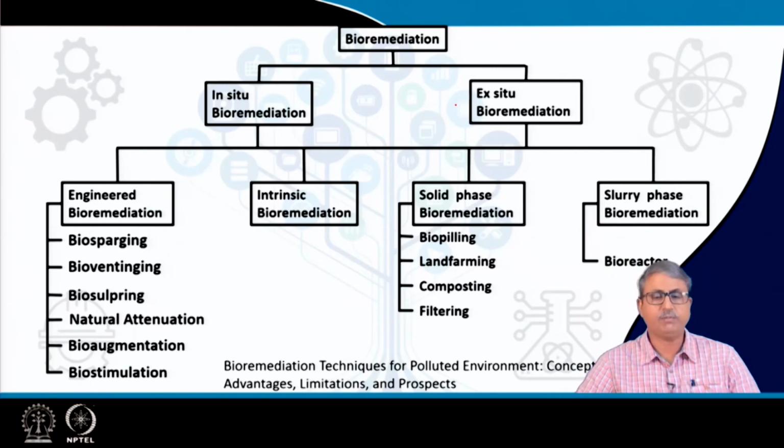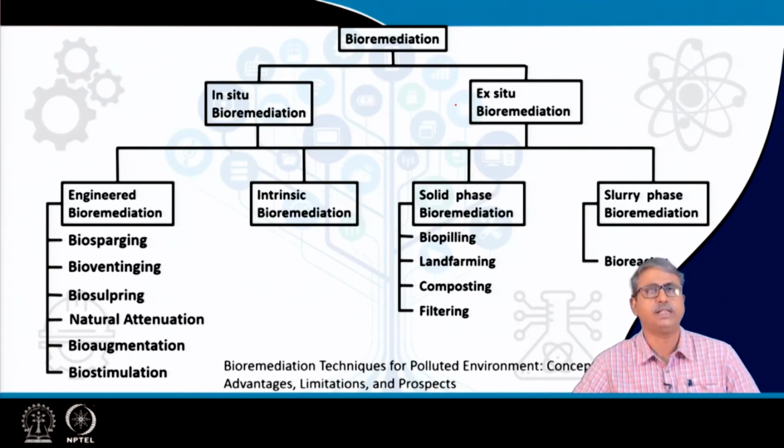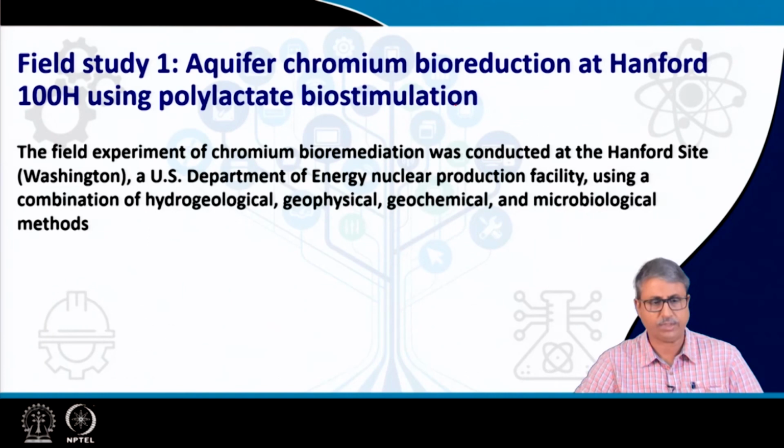Most of the time the in situ processes are preferred, because the waste material like the aquifer, the groundwater, the sediment, the soil is there in place. The remediation process will be adopted while the toxic water or the toxic waste material is in place. It is not going to be removed from its original location.